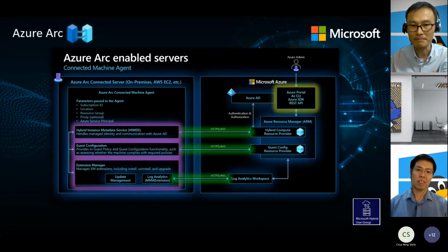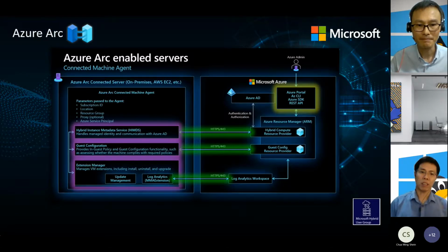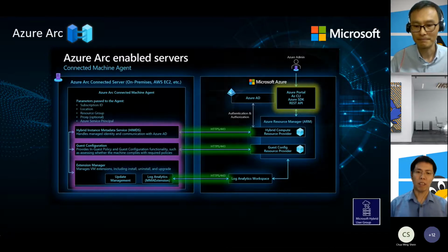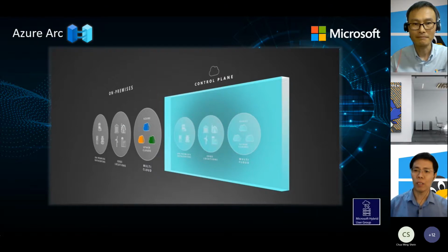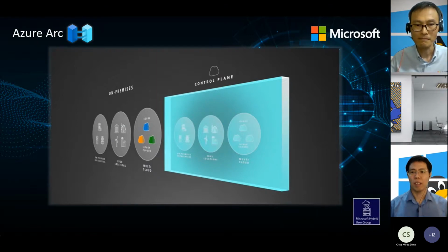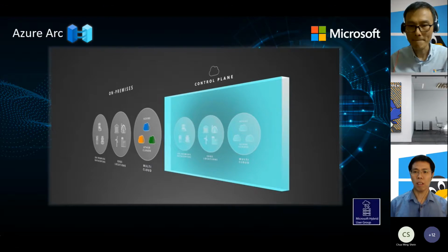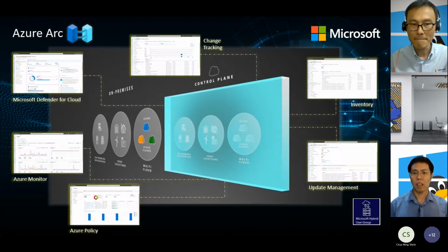All right, so this is a great feature where we can actually manage the resources via Azure Cloud, right? So let's start. By connecting your machine to Azure Arc, with Azure Arc enabled servers, you can use Azure Resource Manager to manage and monitor its configuration and operation.